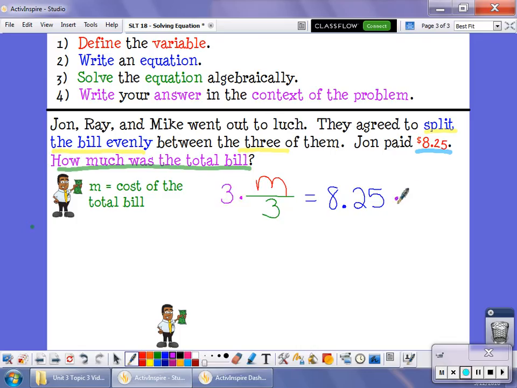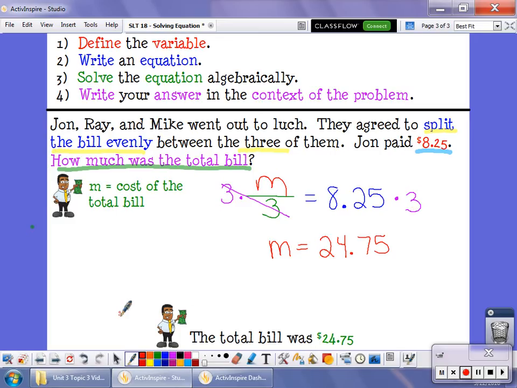So I'm going to multiply both sides here by 3. These 3's are going to cancel out, and it's going to tell me that M equals 24.75, because 8.25 times 3 is 24.75. Well, M is the cost of the total bill, so my sentence is the total bill was $24.75.